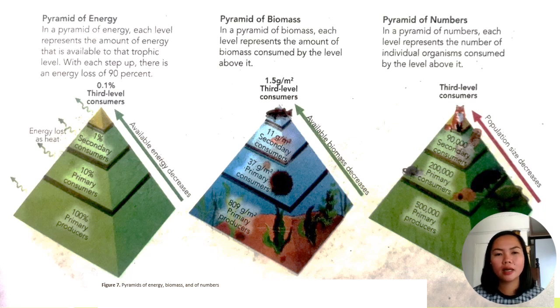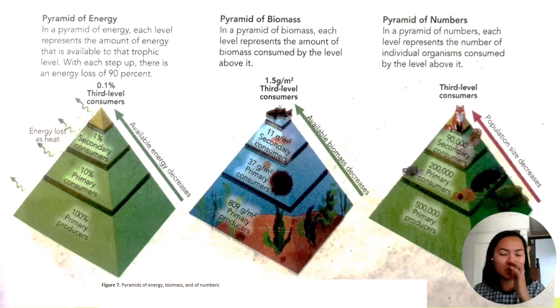Now, the pyramid of biomass represents the total weight of living matter at each trophic level. So when we say biomass, it is the total weight sa tanang living matter in each trophic level. It represents the total dry weight of living material available at each trophic level.